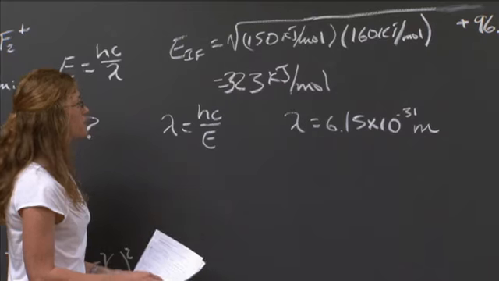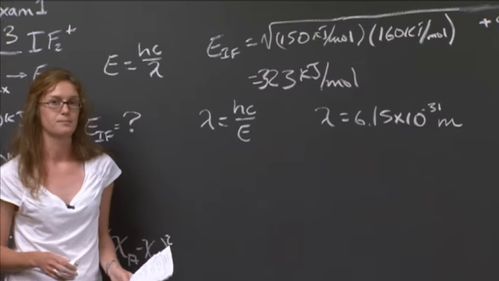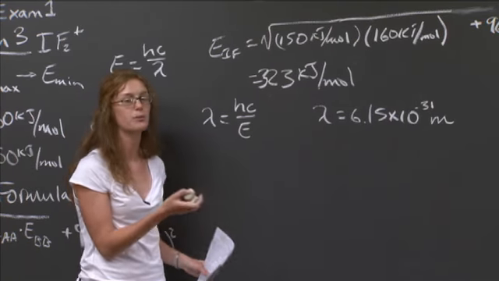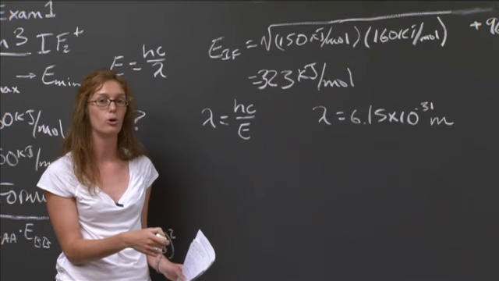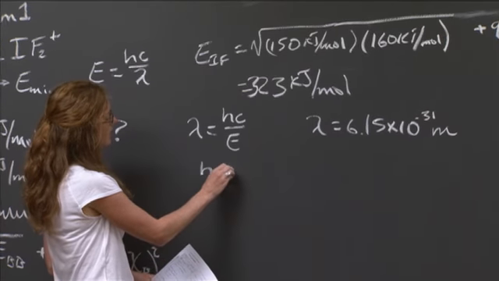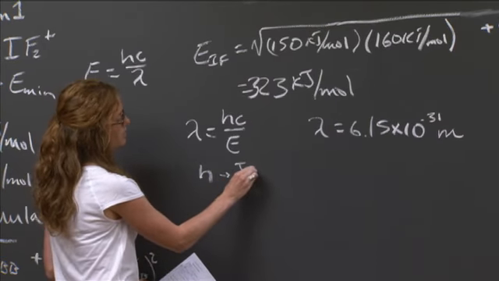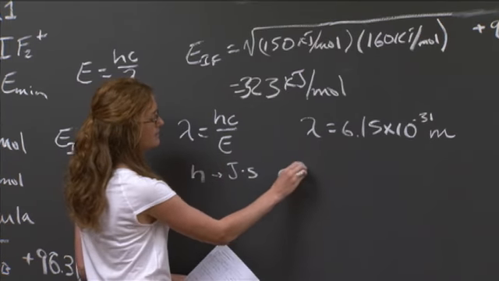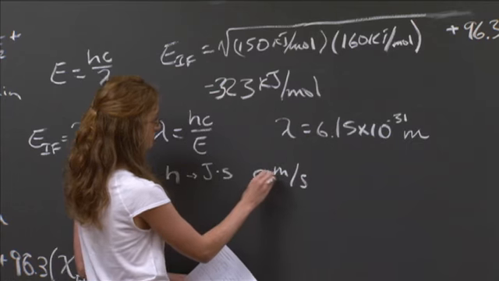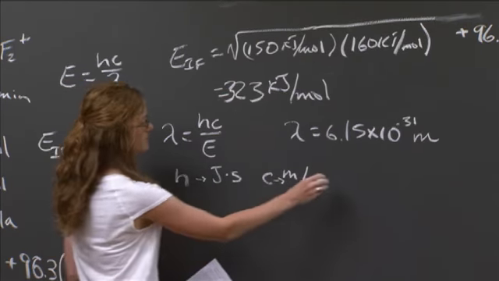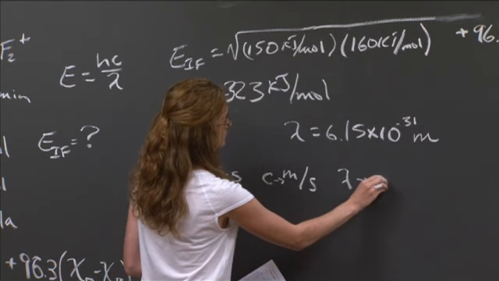So where people got tripped up is in the units. Pauling's formula gives you the bond energy in kilojoules per mole. However, if you look at Planck's constant, it has units of joules times seconds. The speed of light is in meters per second. And you want lambda in meters.